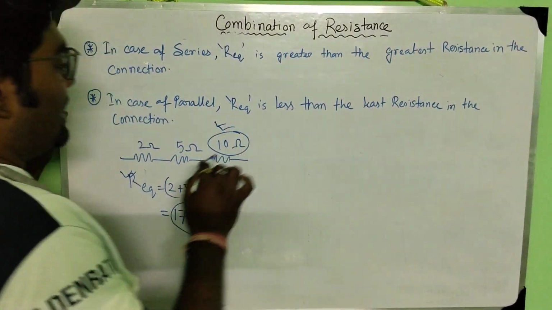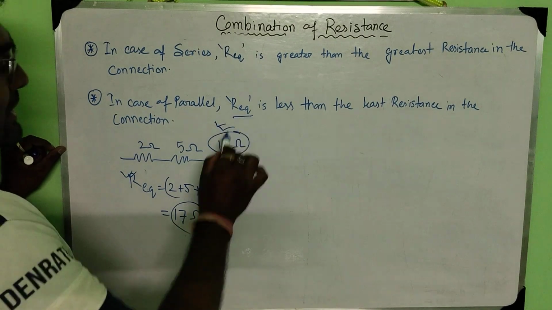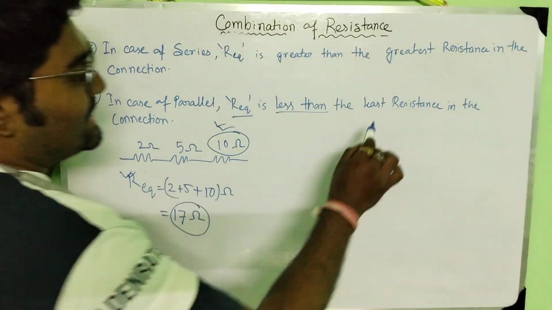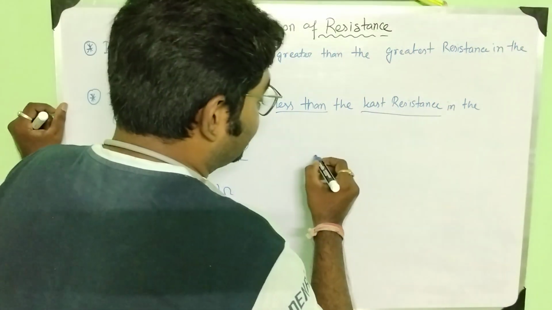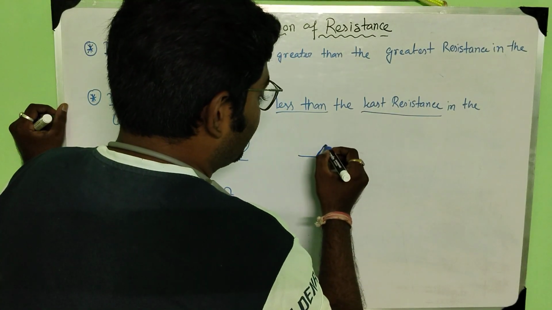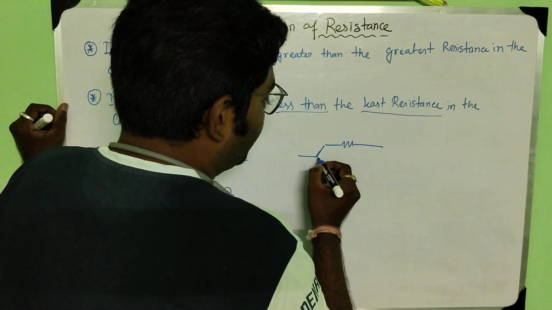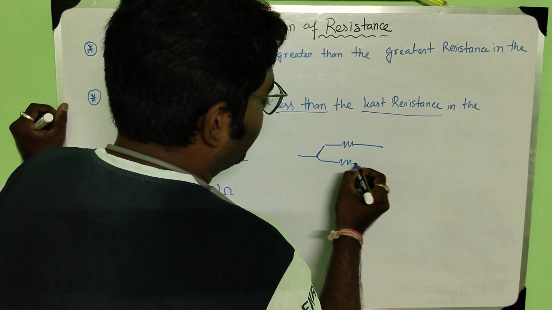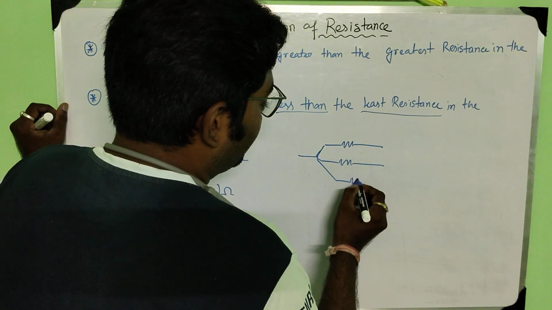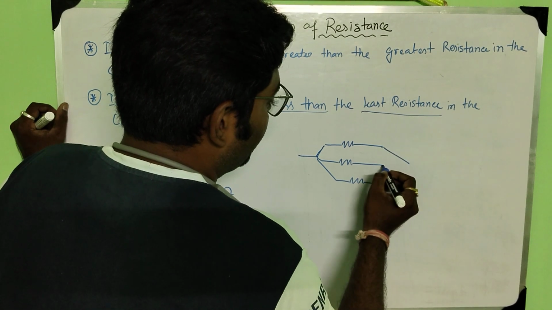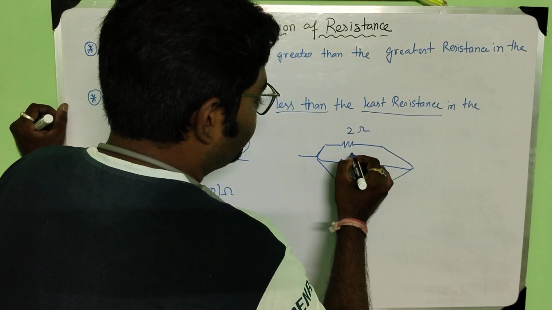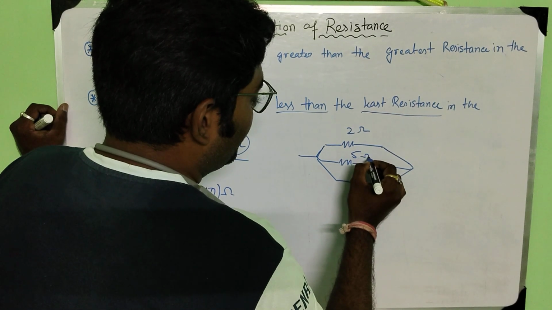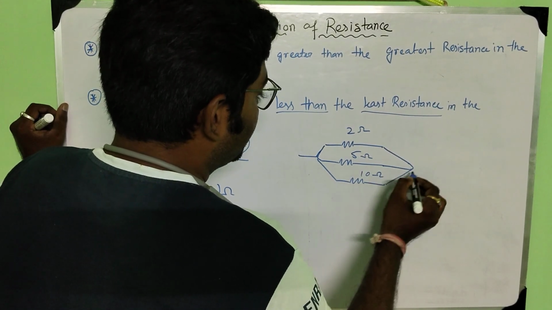Now in case of parallel, it is said that R equivalent is less than the least resistance in the connection. Let's take the example, again the 2 ohm, 5 ohm, 10 ohm.